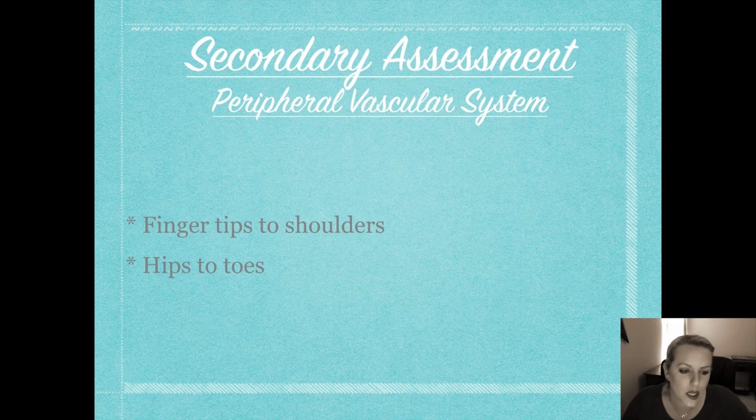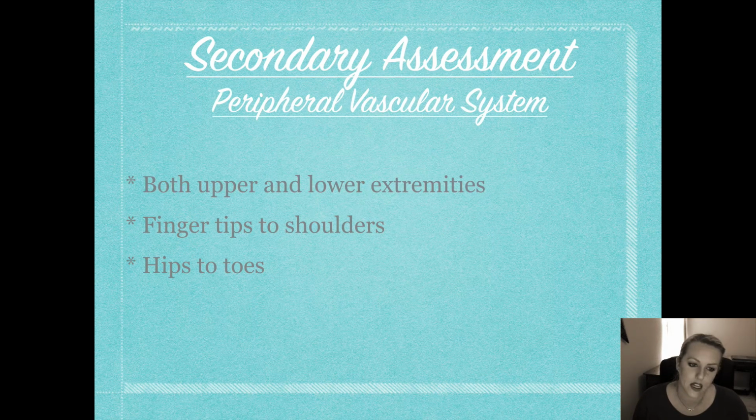When we're checking the lower extremities, we want to check from the hips down to the toes. Again, looking for any color changes, any temperature changes, anything like that. On your hips to toes, we also want to look for any hot spots, any bright red spots. We're looking for DVTs.